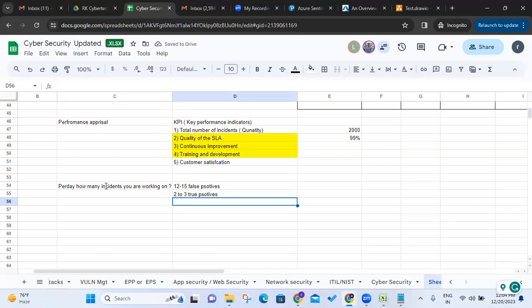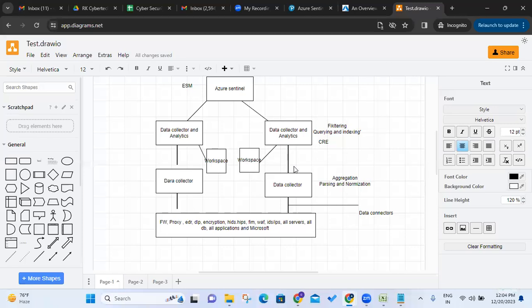Okay. Yes, please, Bindu. Sir, my question is regarding the architecture of Azure Sentinel. Here you told that we are having three components: data connectors, analytics, and cases.